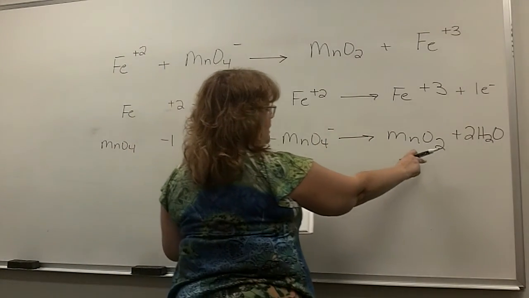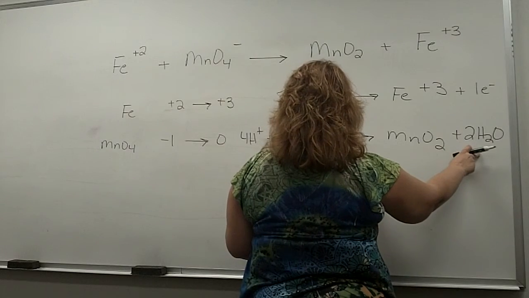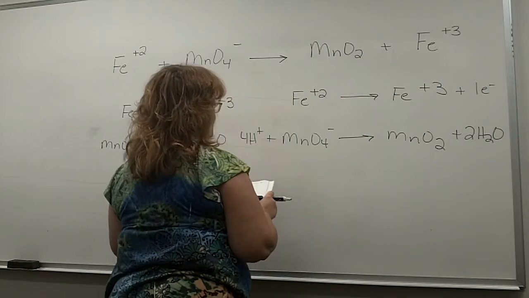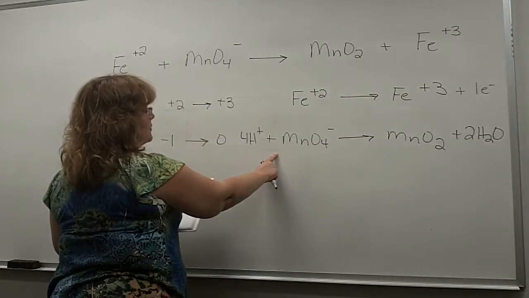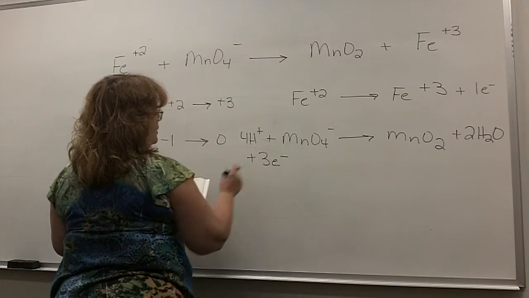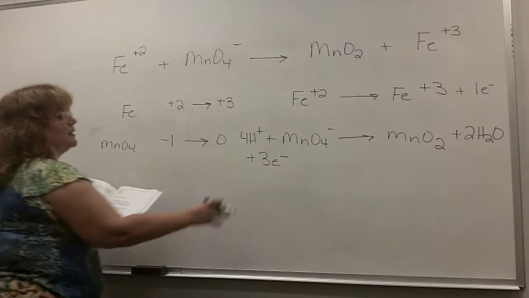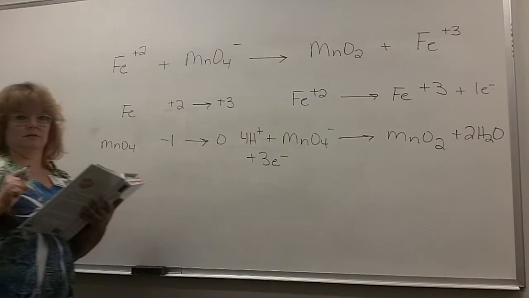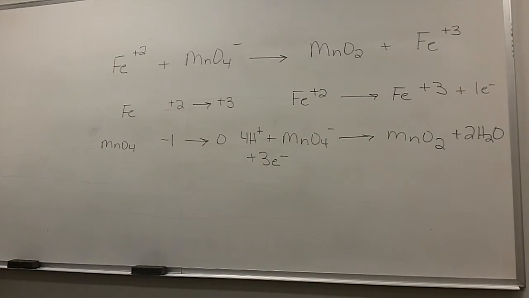And here I've got 0 and 0, so I need to add 3 electrons to that side. So now I've got 0 and 0. Everybody okay with that? Mm-hmm.